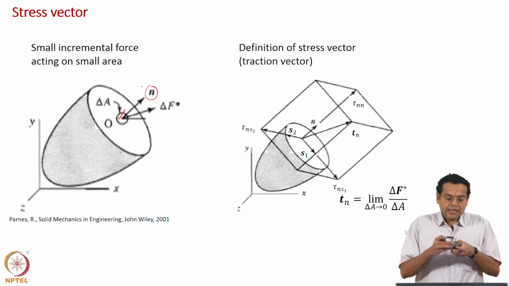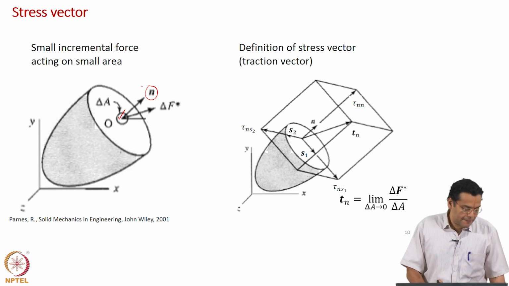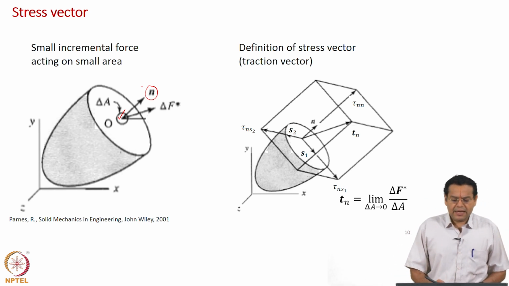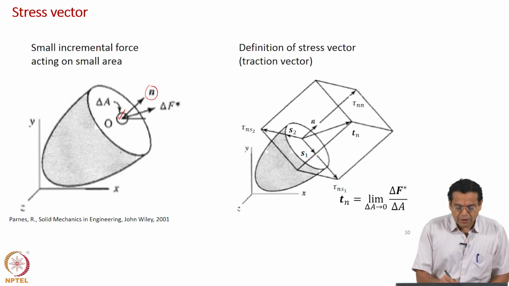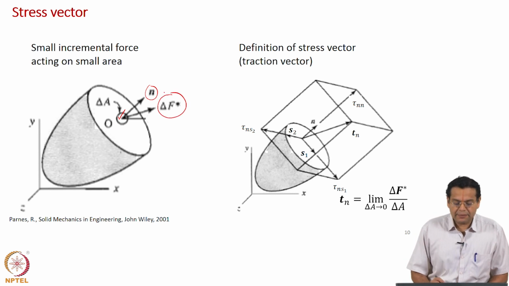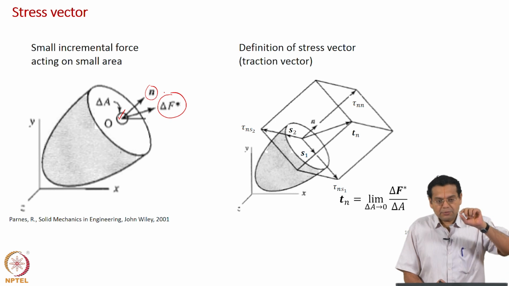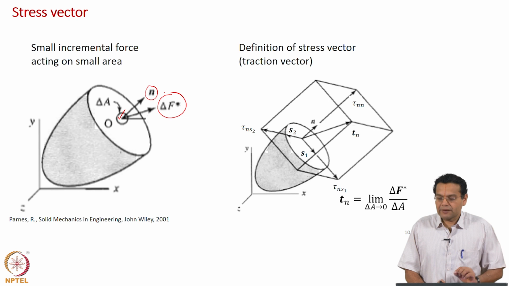Obviously, it can vary from point to point, so we take a small area delta A, and the normal to that area is n. Because the area is incremental, the force is also incremental, denoted by delta F star. F star was an average over the entire area, so the incremental resultant force is denoted as delta F star.